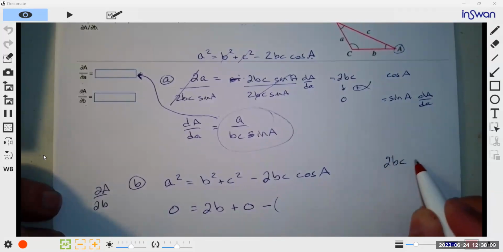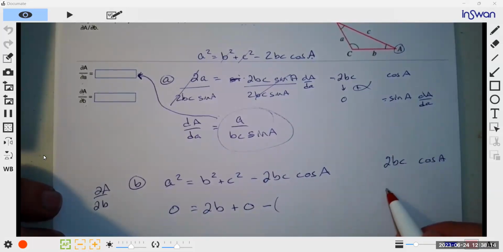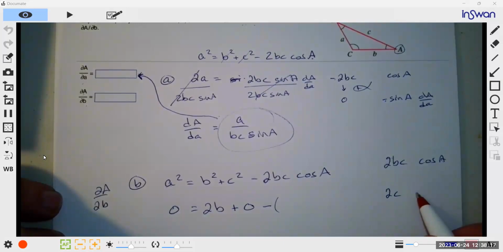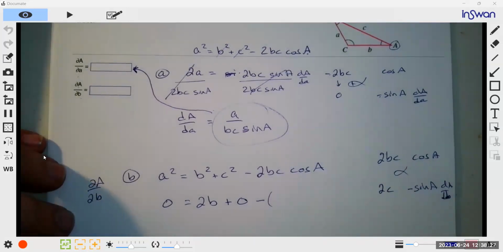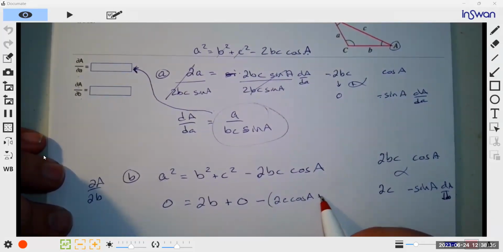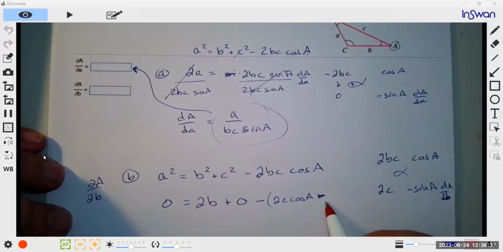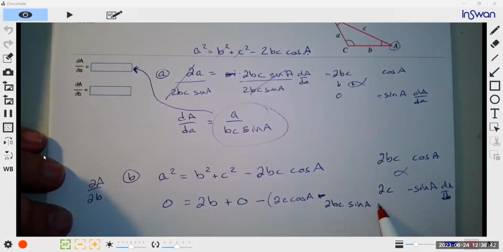So we have 2bc cosine A. The derivative with respect to b is 2c, minus sine A dA/db. So that's 2c cosine A minus 2bc sine A dA/db.